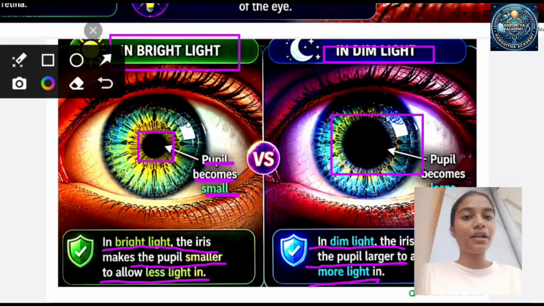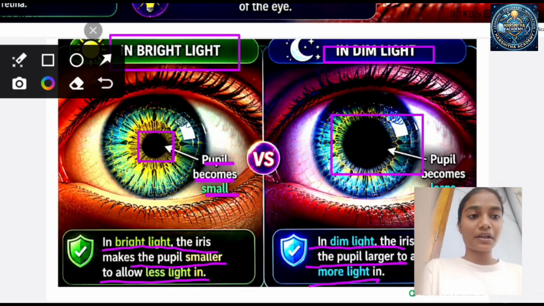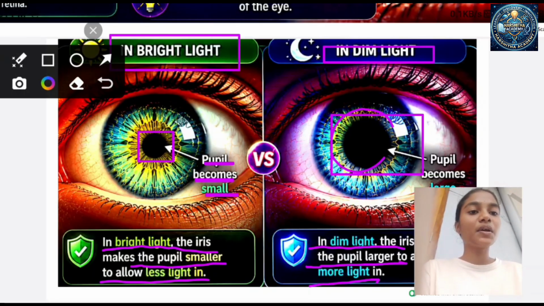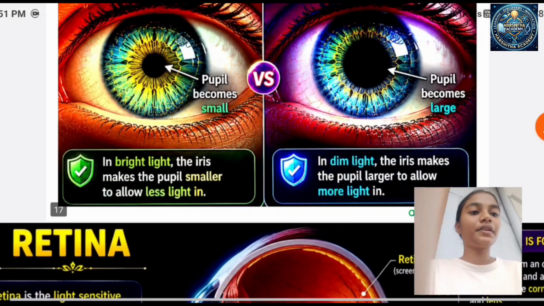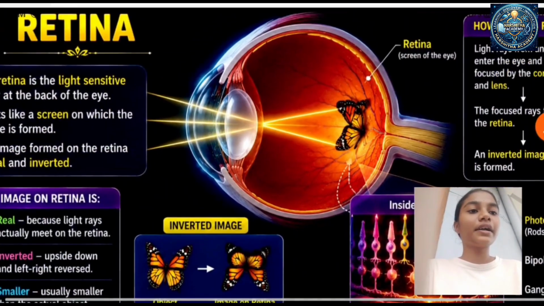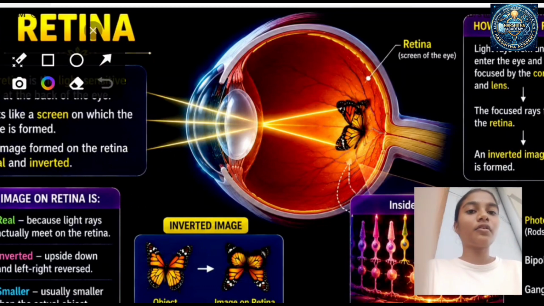In dim light, the eye wants more light to see objects, so the pupil becomes bigger.